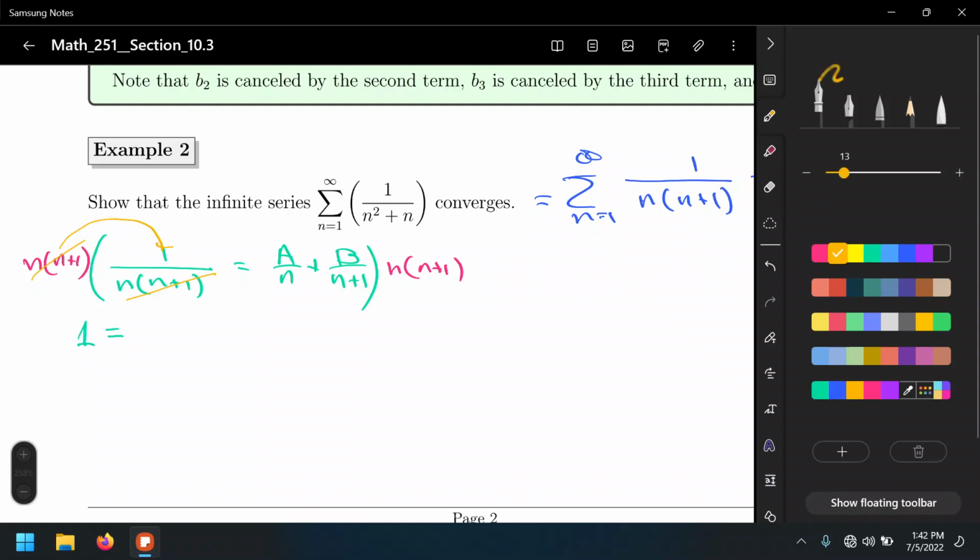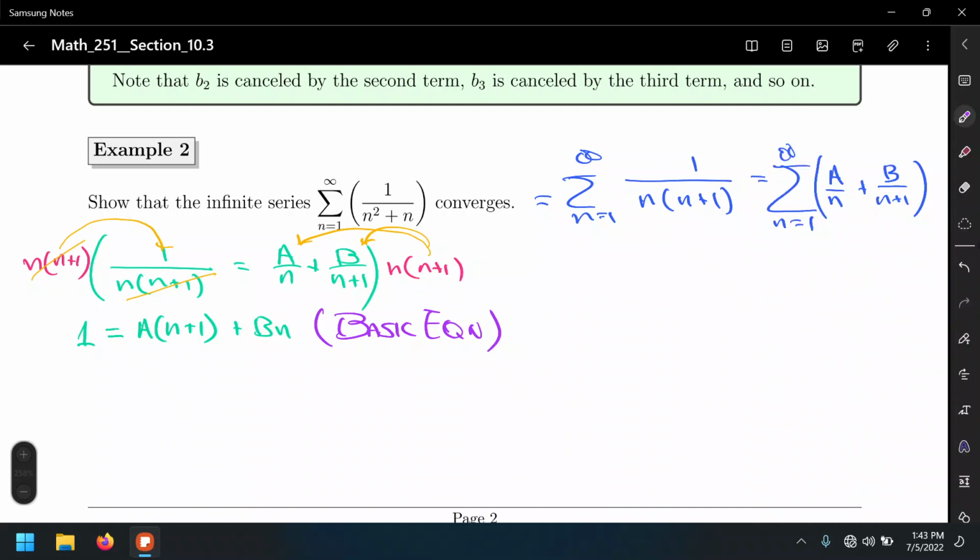Equals, doing the distribution on the right hand side, see how the n's cancel, leaving us with A times n plus 1. And doing the last distribution on the second term on the right hand side, the n plus 1's cancel, leaving us only with n. And this is again our basic equation, the equation that we will use to find the constants A and B.